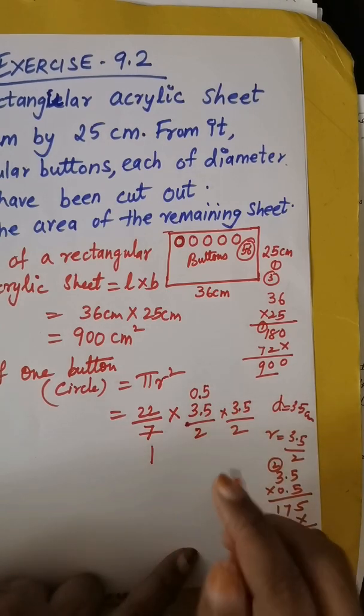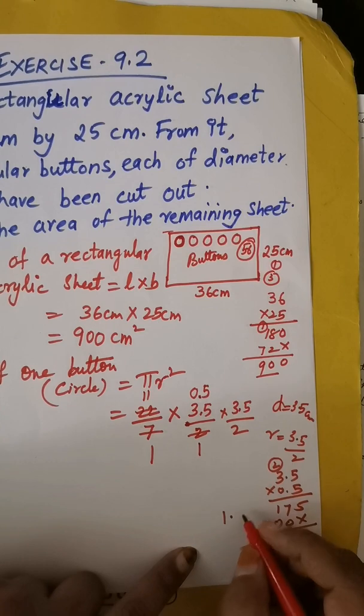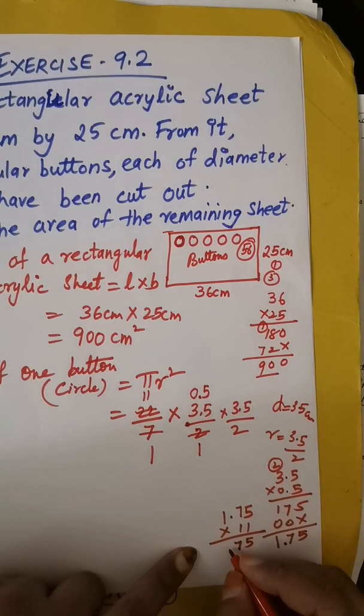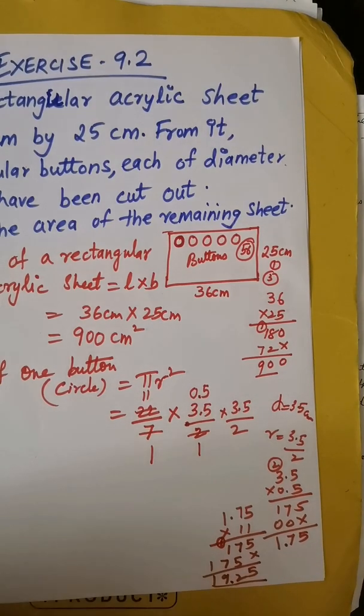Now you have to multiply it with 2 ones are 2, 11s are 1.75 into 11. So it is going to be 5 7 1 cross mark 5 7 1. So 5, 12, 7, 8, 9, 1. So it is going to be 19.25.